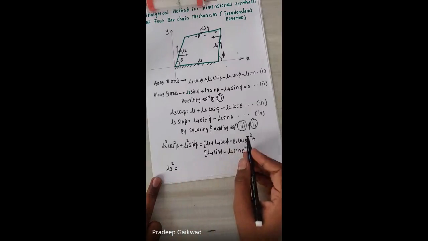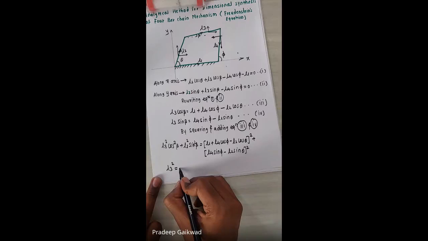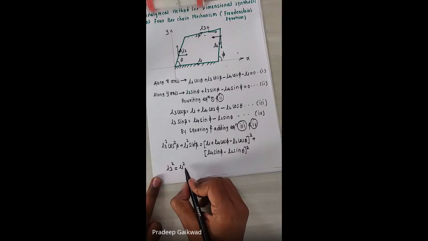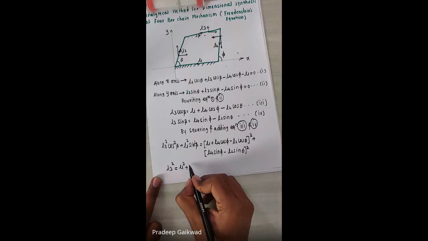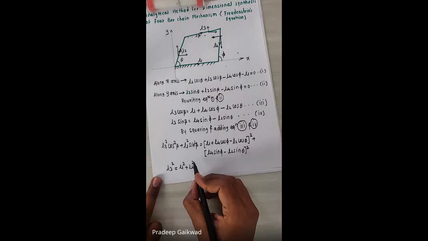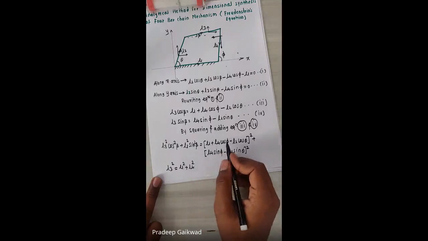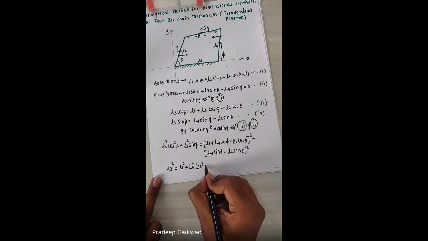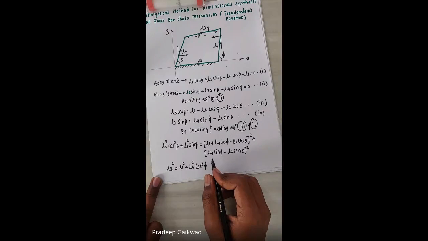So using that formula, I can write L1 square plus L4 square cos square phi, A square plus B square. Next term, is it minus or plus?